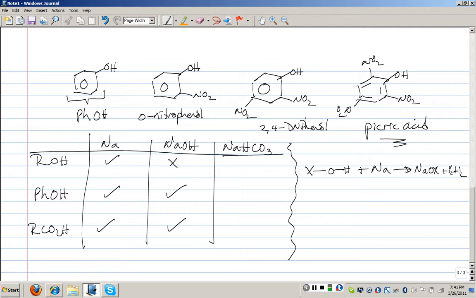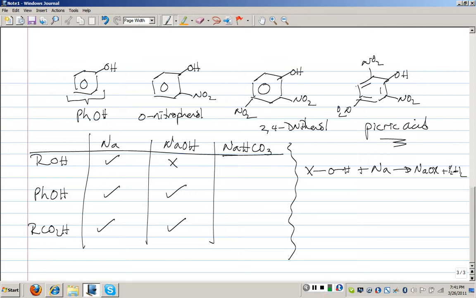Now, this is a silly experiment to run on ethanol, because ethanol will dissolve in water, which means it will dissolve in aqueous sodium hydroxide. So the test is useless on alcohols that are already water soluble. But if I have an alcohol which is not water soluble, and I treat it with aqueous sodium hydroxide, it will also not dissolve in water.